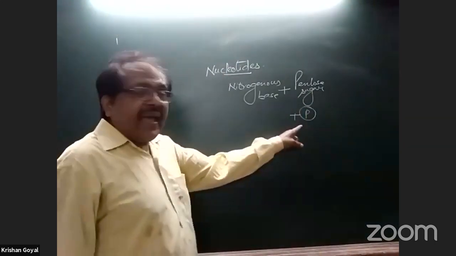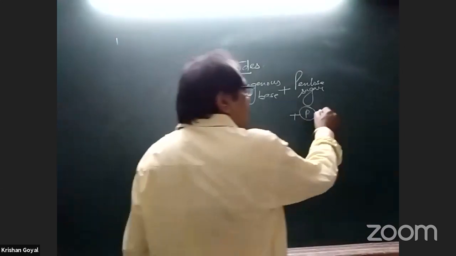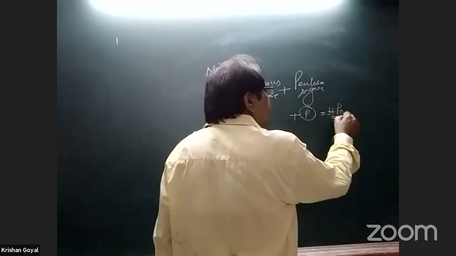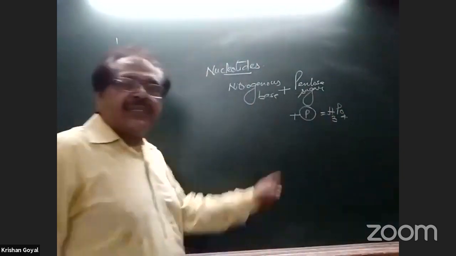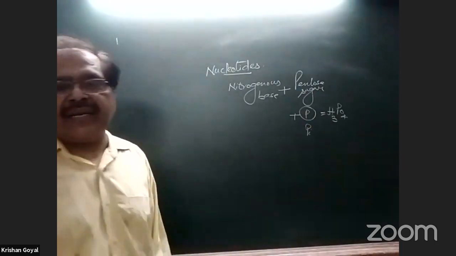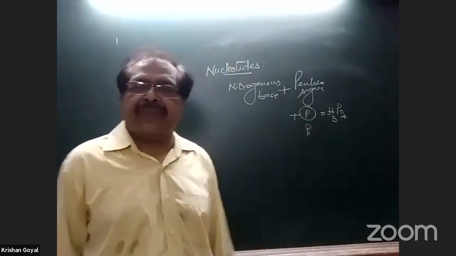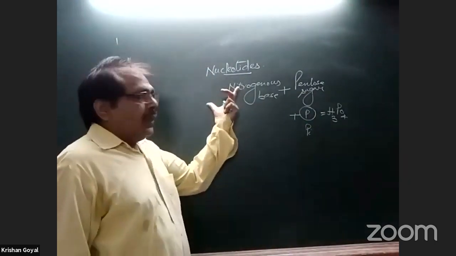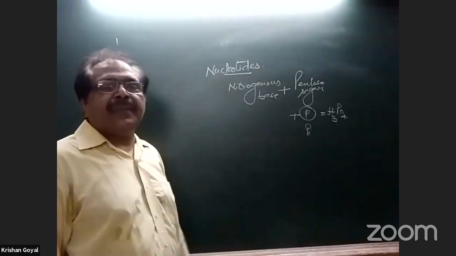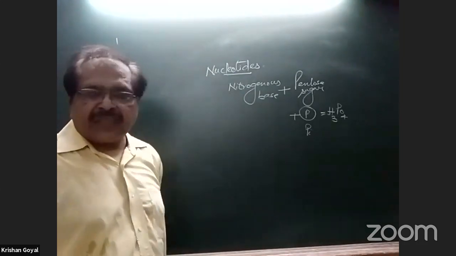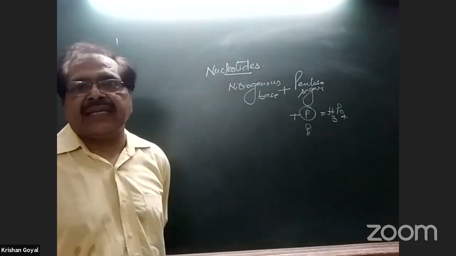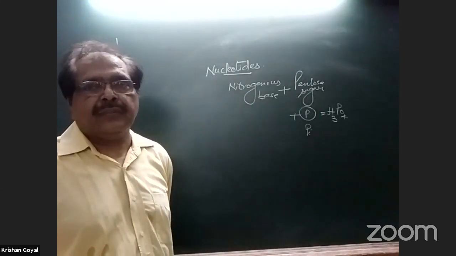This phosphate, as we write it, is phosphoric acid. We represent it like this, P, or we can write it like this, Pi. It is inorganic phosphate. All mean the same thing. A molecule of a nucleotide consists of nitrogenous base plus pentose sugar and phosphoric acid, that is H3PO4.